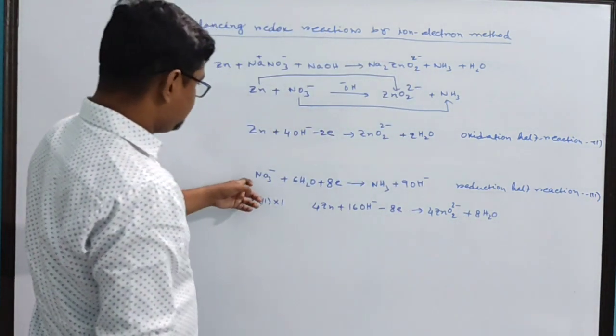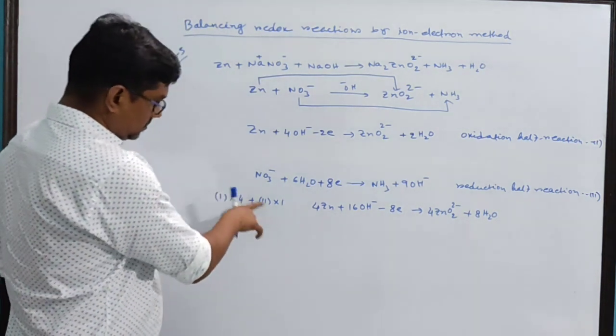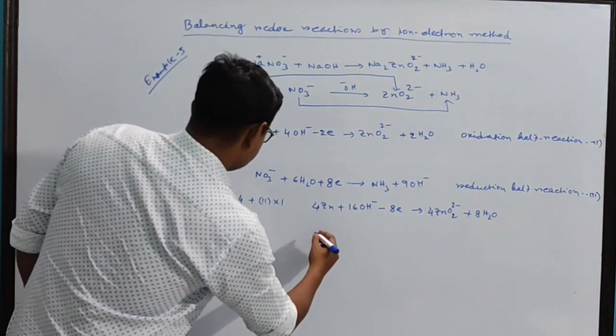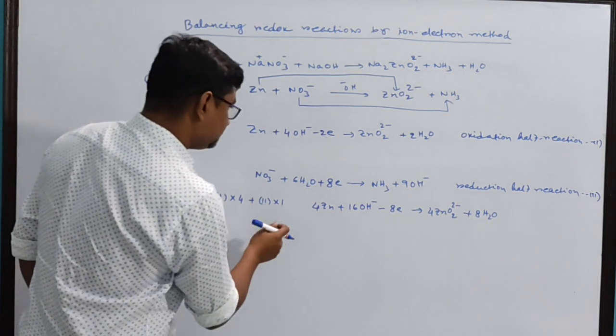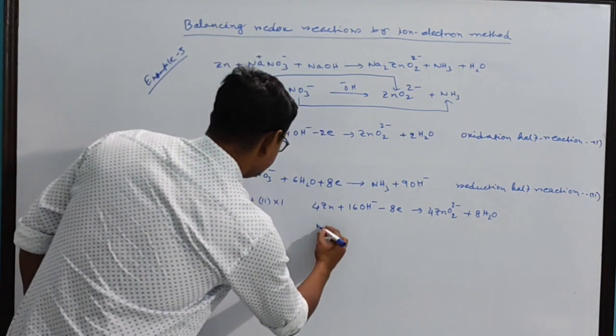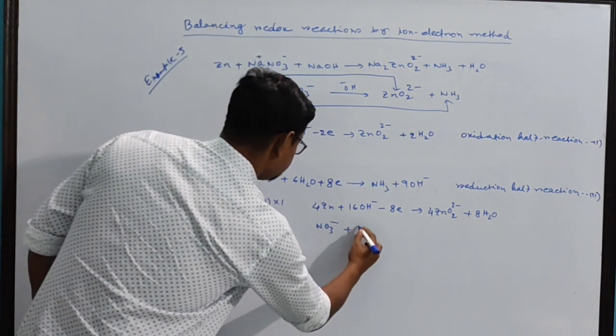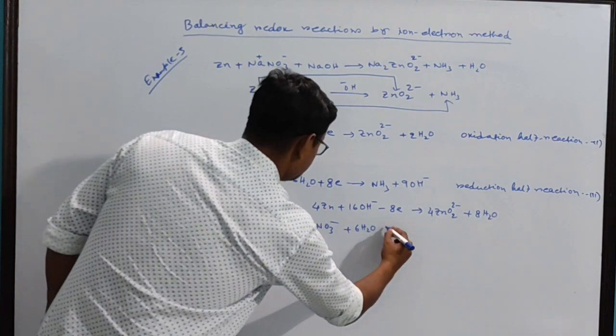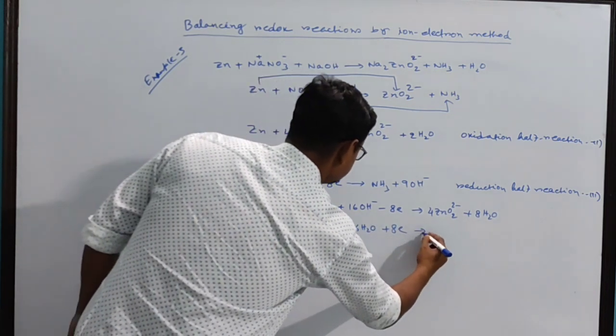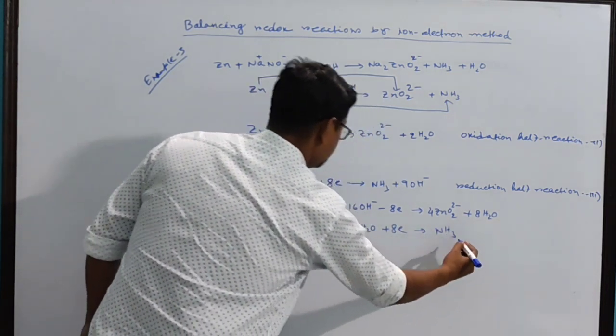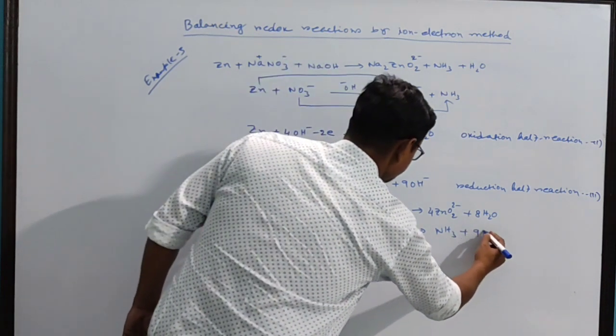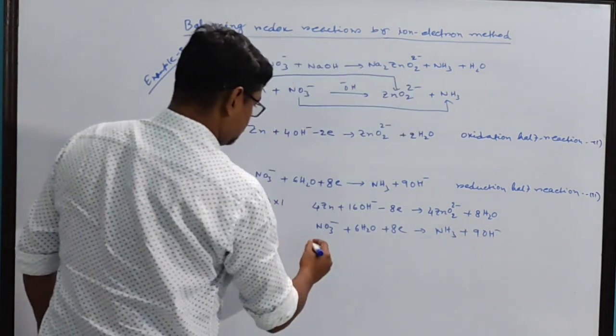Now the second reaction we can write as it is, because we are multiplying by 1, so it will give NO3 minus plus 6 H2O plus 8 electrons giving NH3 and 9 OH minus ions.